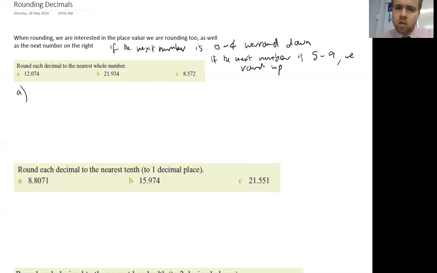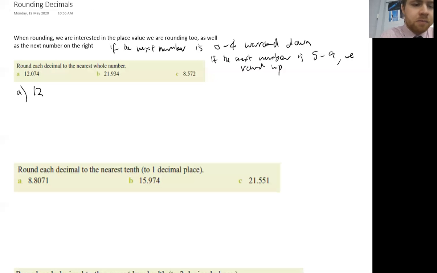But we're going to look also at the number to the right of the decimal place and say, is it 0 to 4 or is it 5 to 9? Okay, the number after the decimal point is a 0. So that means we just round off to 12. The 2 stays as a 2. We don't change it. And we don't need to write point anything. We can just write 12 because we're rounding to the nearest whole number. We don't need to write the numbers after that.